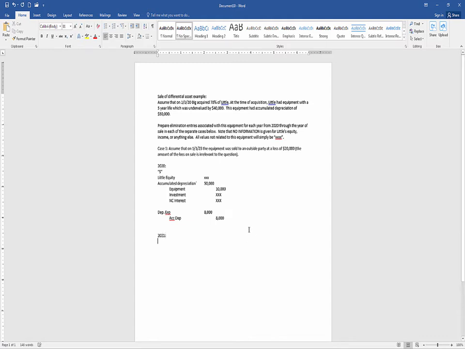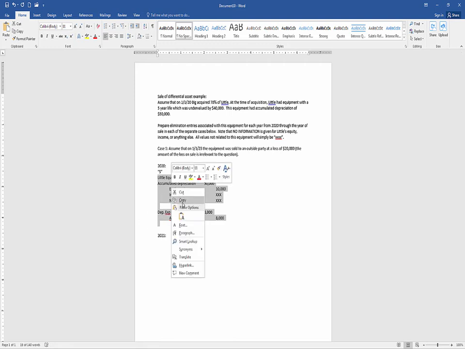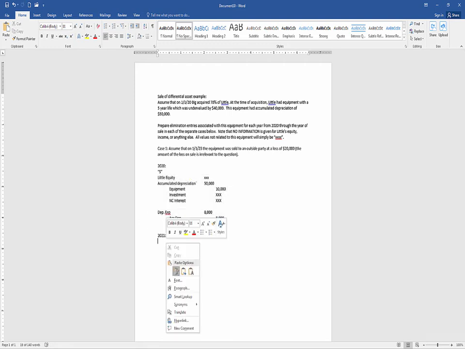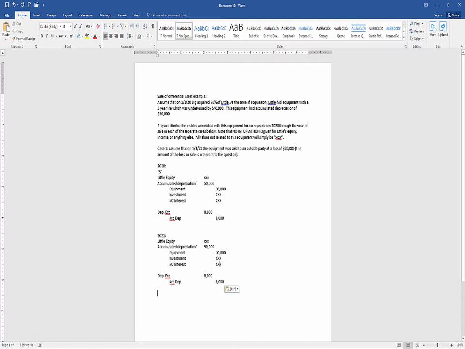2021, we'll go through the same drill, and I'm just going to copy and paste. The only difference is how accumulated depreciation is being carried forward from last year. Last year we debited accumulated depreciation for 50, credited it for 8, so we're carrying forward a $42,000 debit to accumulated depreciation.